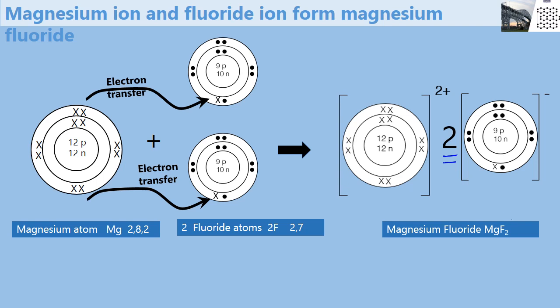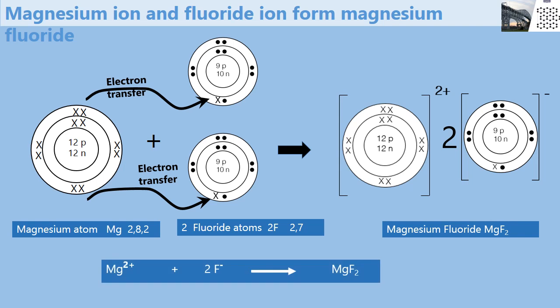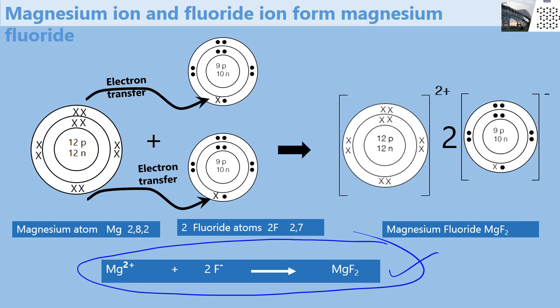And that is why in the formula we write MgF2, meaning 2 fluoride ions combined with 1 magnesium ion. As for the equation, we have it as follows. And as you can remember, this rule of how to write magnesium fluoride applies with the valency. So the valency is actually derived from this concept of ion formation.